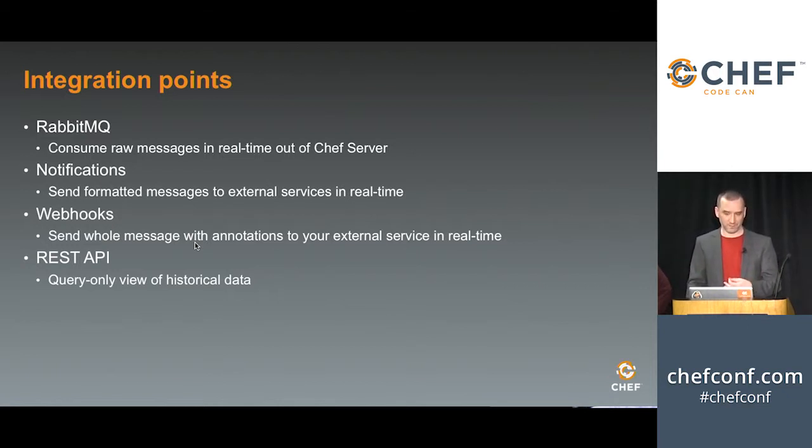Another approach is that we could send you just the attributes which have been set, but not the automatic attributes. Some of these use cases fit things better. Say you want to build something that tells you your operating system versions. Well, you need the automatic attributes, but only a few of them. So maybe a partial search on automatic attributes plus everything that's actually set on the node. So you get the run list and all this sort of thing. You can see changes.